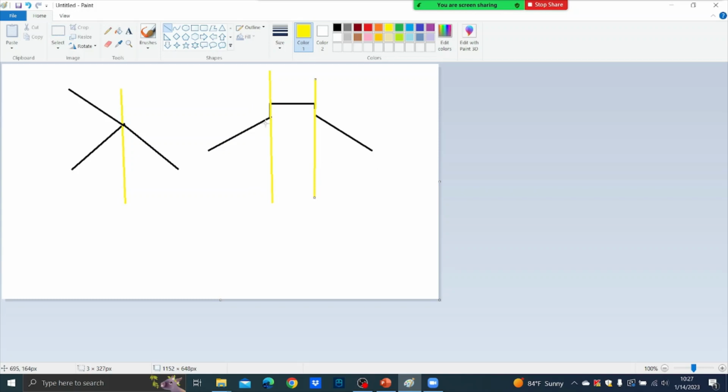Why? Because the road is being rotated along these two lines. If you consider the LHS, this is your axis of rotation. If you consider the RHS, this is your axis of rotation. Now, for an undivided road, the axis of rotation is, of course, the center line.